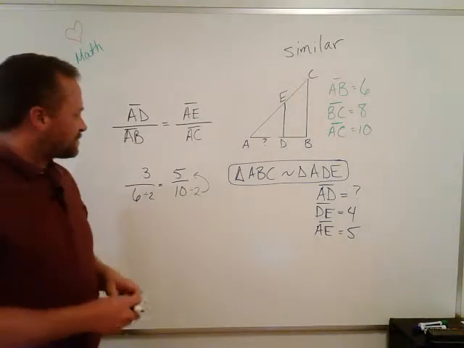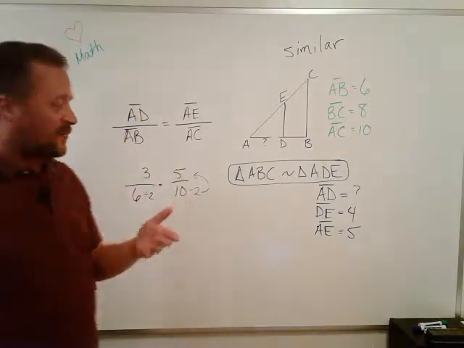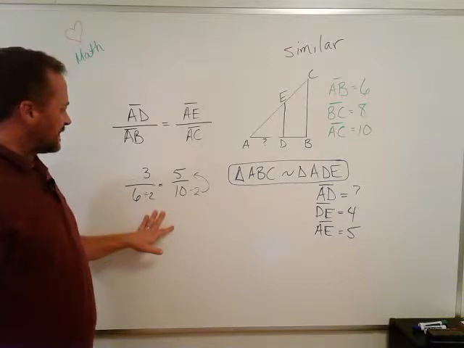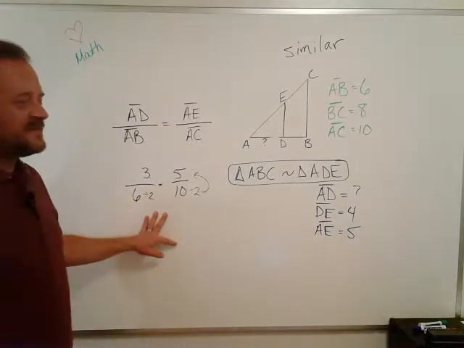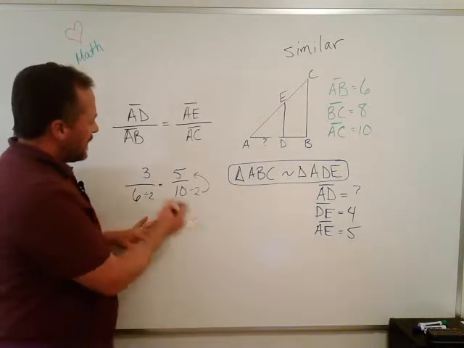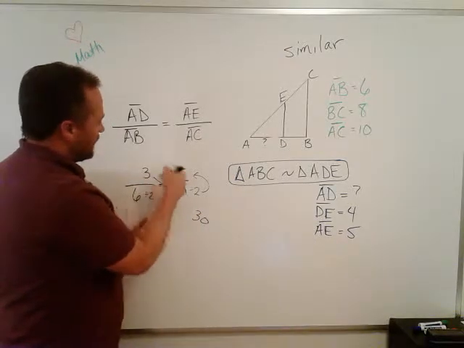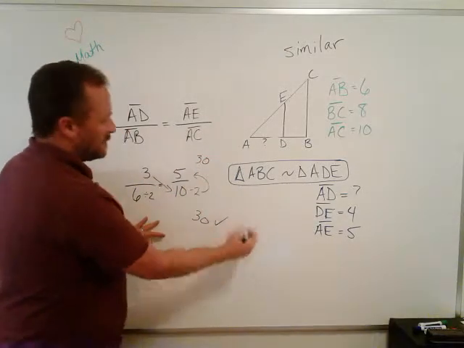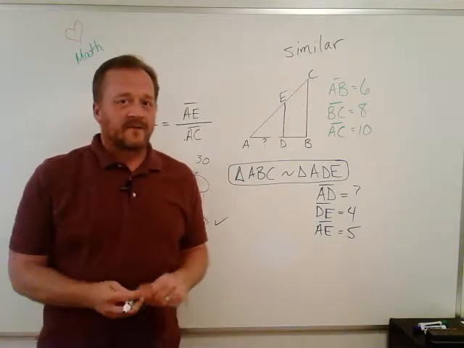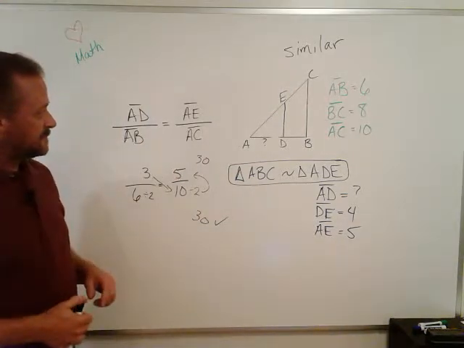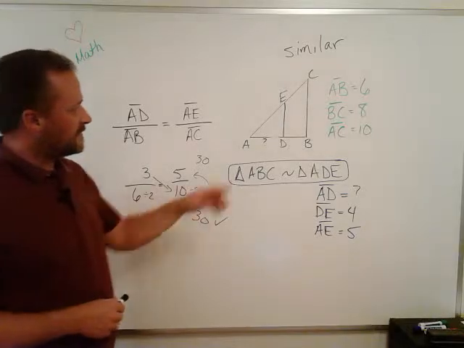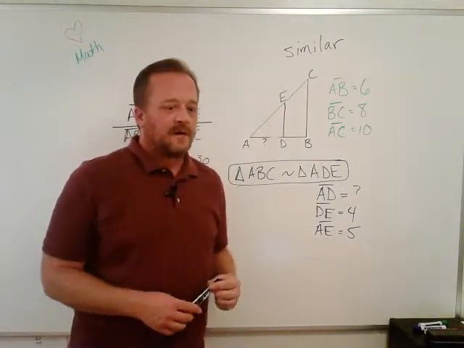And now that I have a completed proportion, there's a couple of different ways I can test that. The easiest way, since I don't want to deal with decimals, is to go ahead and look at the cross multiply. 3 times 10 is 30. 6 times 5 is 30. So I know that I have a good answer here. I have a good solid proportion. All right? So there's an embedded example.